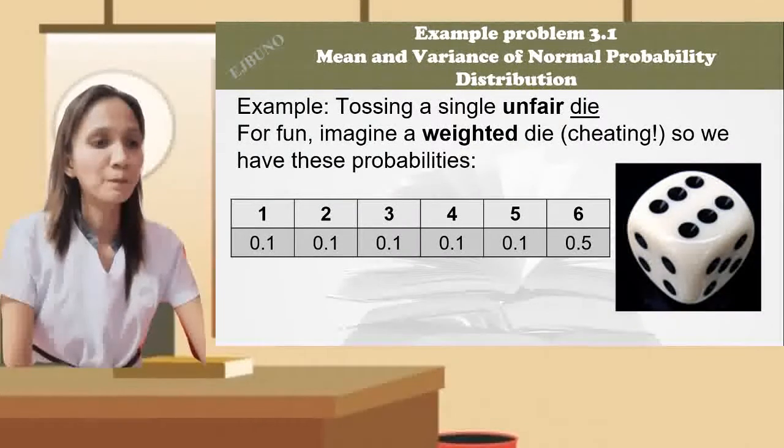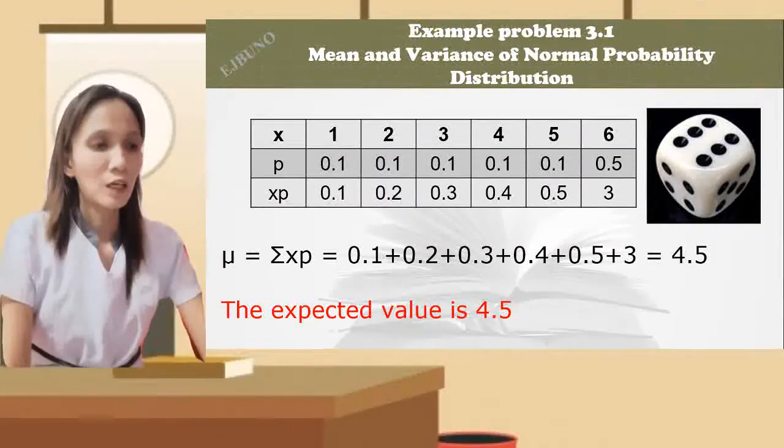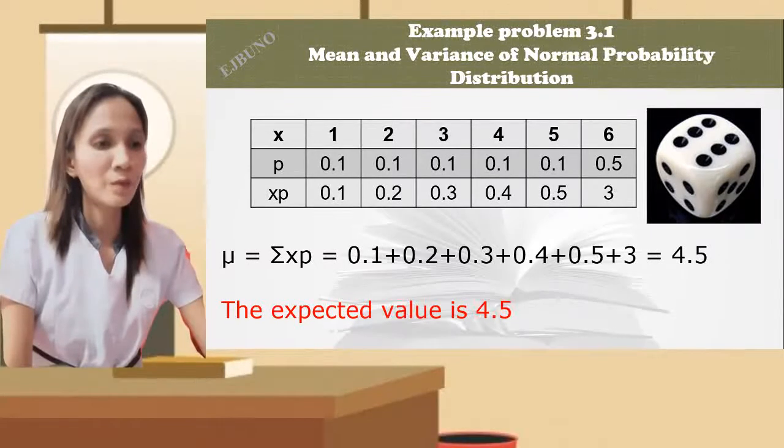Then here's the table. You can see the value of the mean, the summation of every value of x times the value of p: 0.1, 0.2, 0.3, 0.4, 0.5 plus 3.